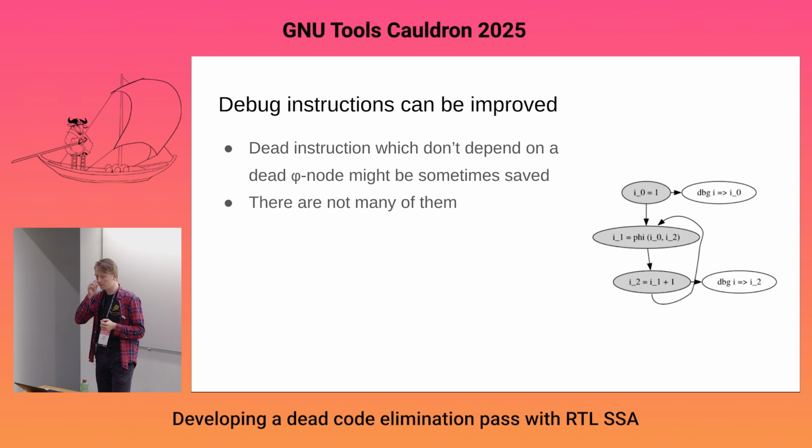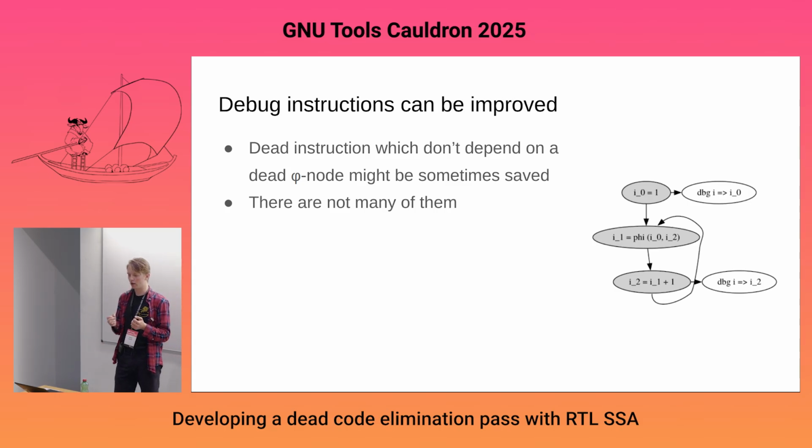We had an algorithm which marked all of these instructions that depend on a deleted node. However, it turned out that there are not many debug instructions to save, so we decided not to implement this feature.